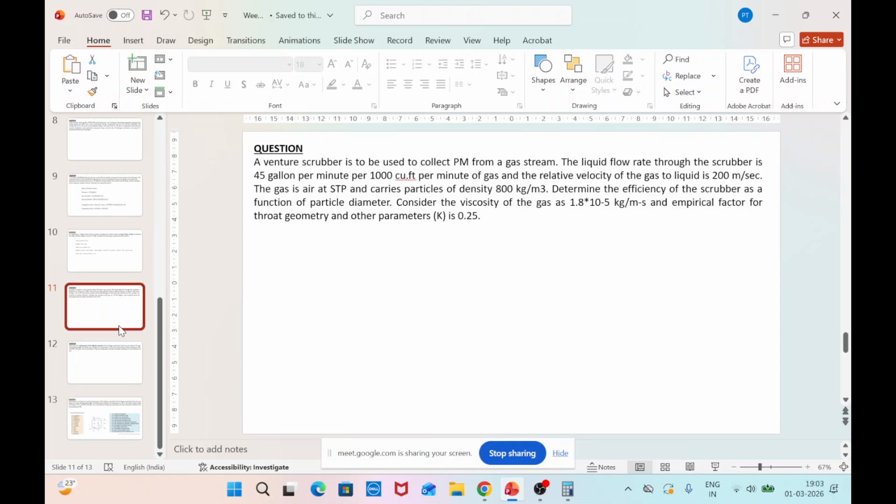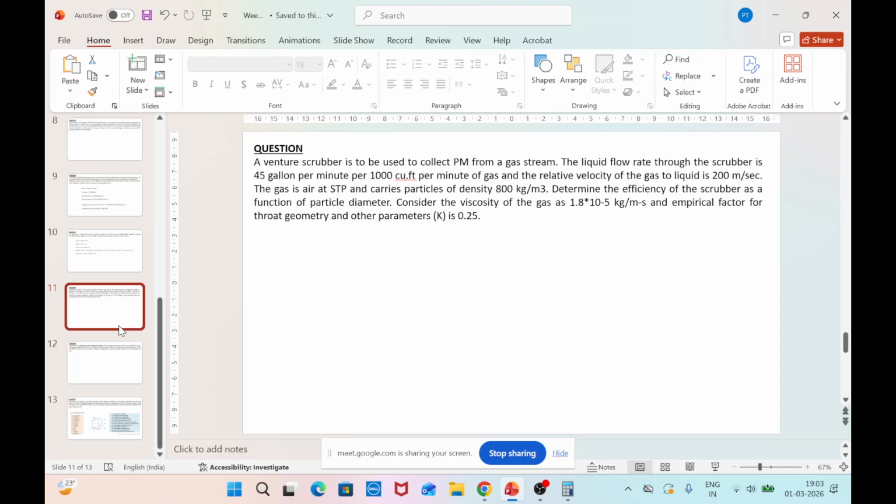The gas is air at STP and carries particles of density 800 kg per meter cube. Determine the efficiency of the scrubber as a function of the particle diameter.